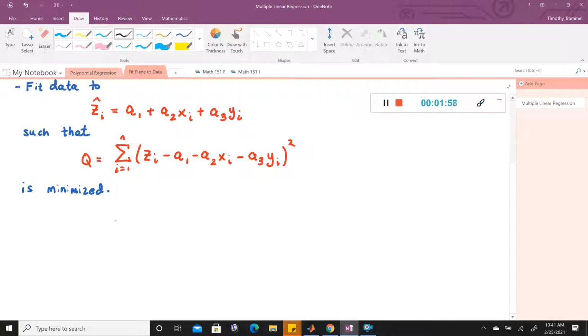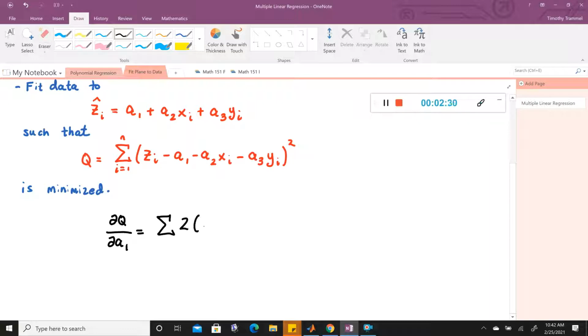Let's start off with the partial of Q with respect to A1. I'm going to stop writing i equals 1 to n on all these summations because it's going to get a little tedious, but all the sums are going to have i equals 1 to n on them. It's just implied. So let's take that derivative with respect to A1.